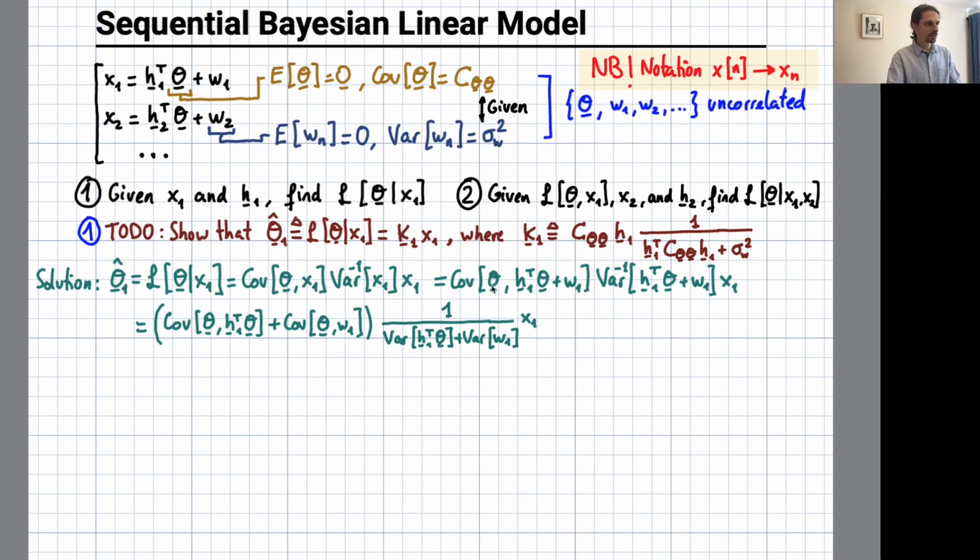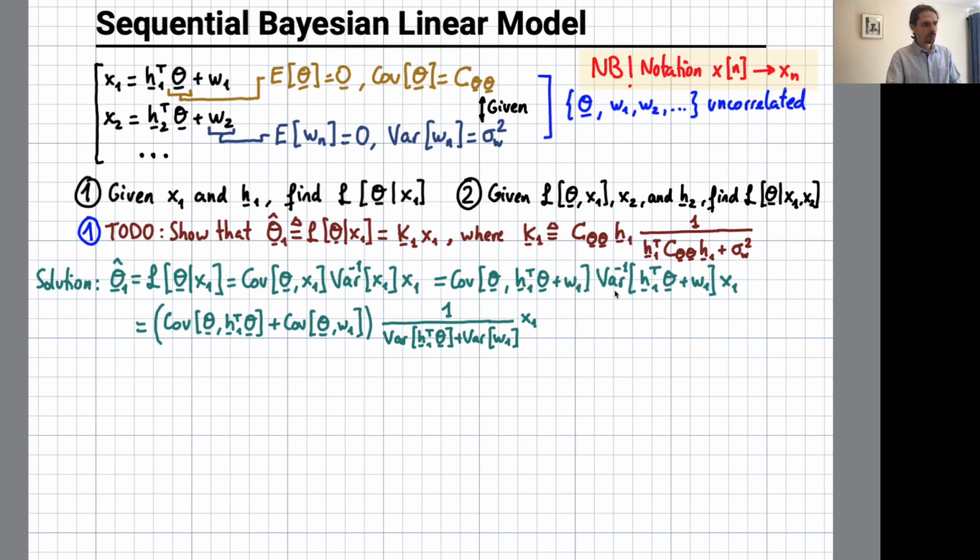So here we apply the property that this covariance will decompose as the sum of these two covariances. Note that this property holds even in the case where theta and W1 were not uncorrelated.